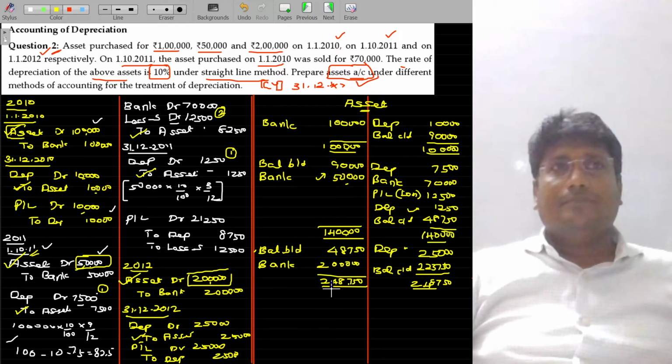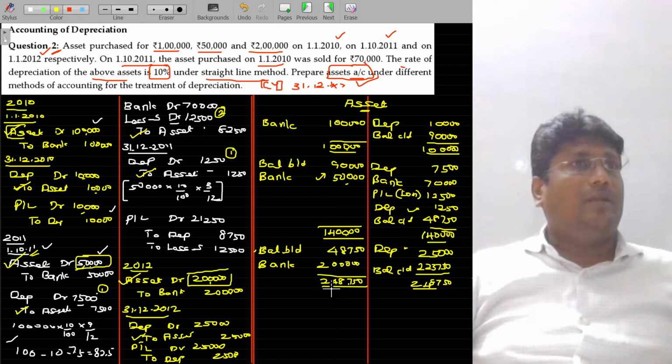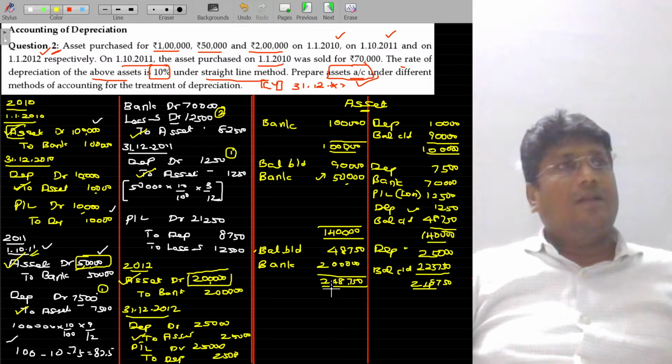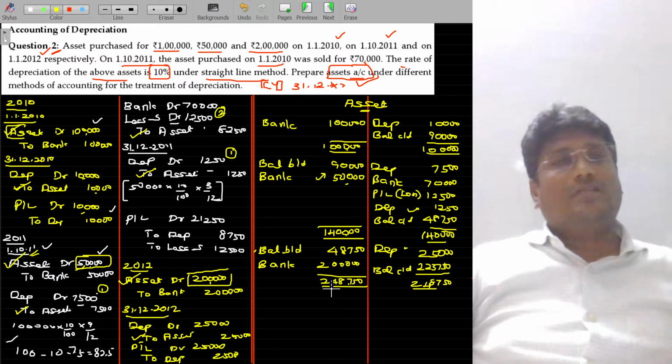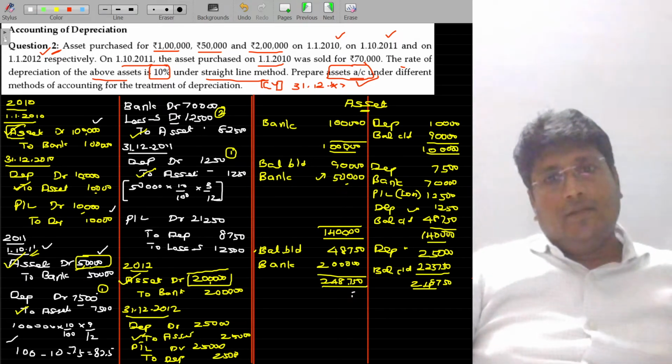Is that clear? So whenever we get a nominal account in the year, that account will be closed by transferring to the P&L account. What are the nominal accounts we have in these journal entries? Depreciation and loss on sale should be transferred to the P&L account. Let's now open the depreciation account for year 1.